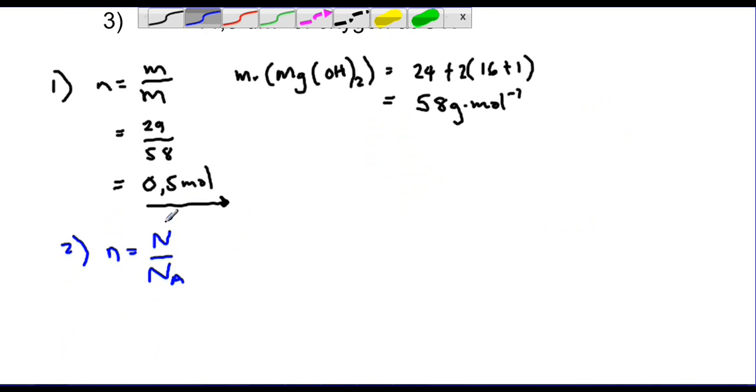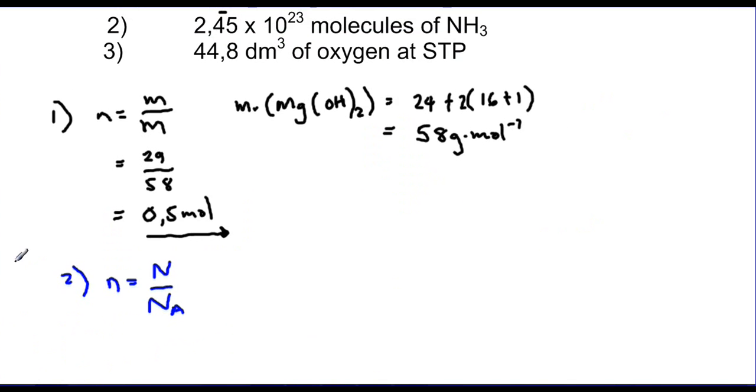So if you write that down, we are given 2.45 times 10 to the 23 particles divided by Na, and Na will be Avogadro's number of particles. It is a constant. It will always be 6.023 times 10 to the power 23 particles.